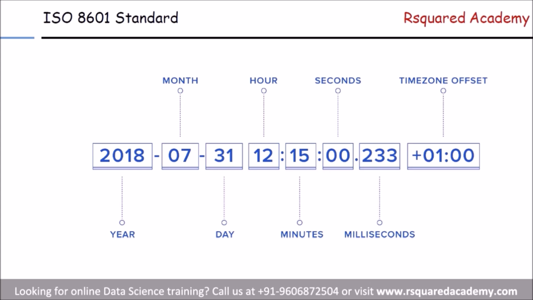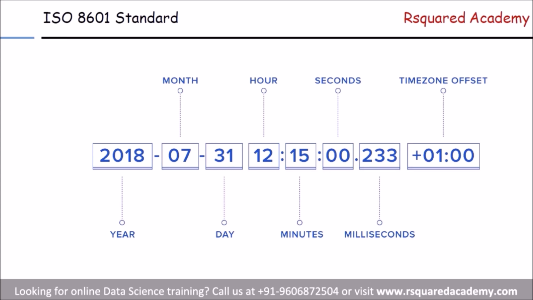But largely this is the format in which you will see date and time in R. First the date component with the year followed by month and day, then the time component where the hour is followed by the minute and second, and finally you'll see the time zone or the time zone offset.